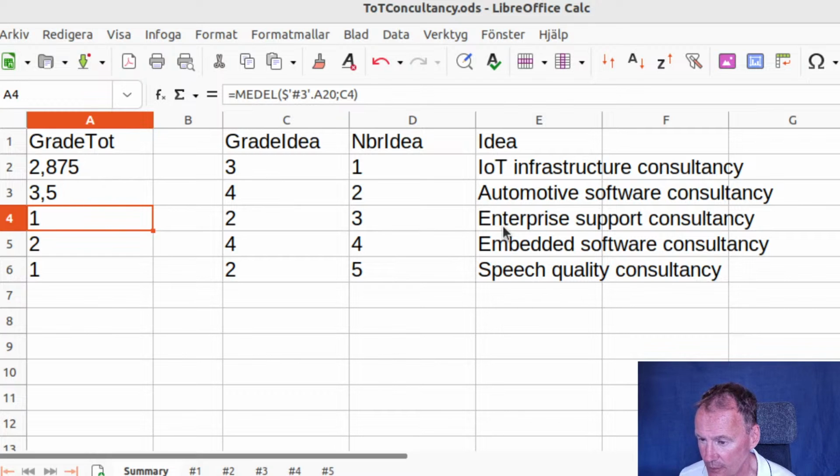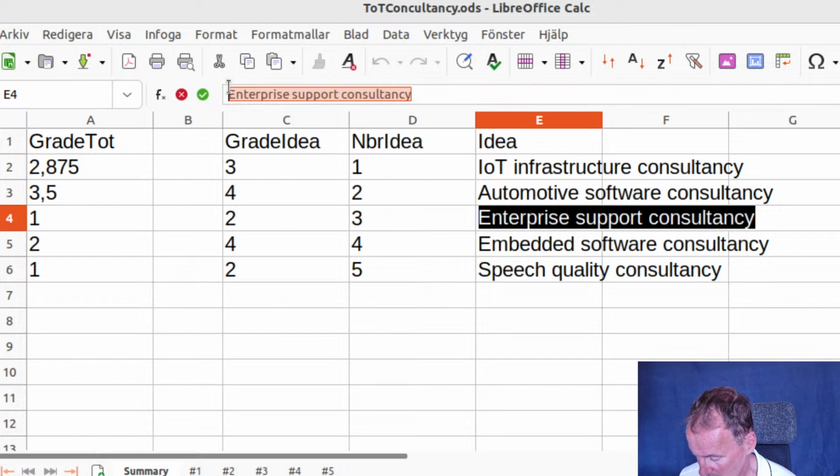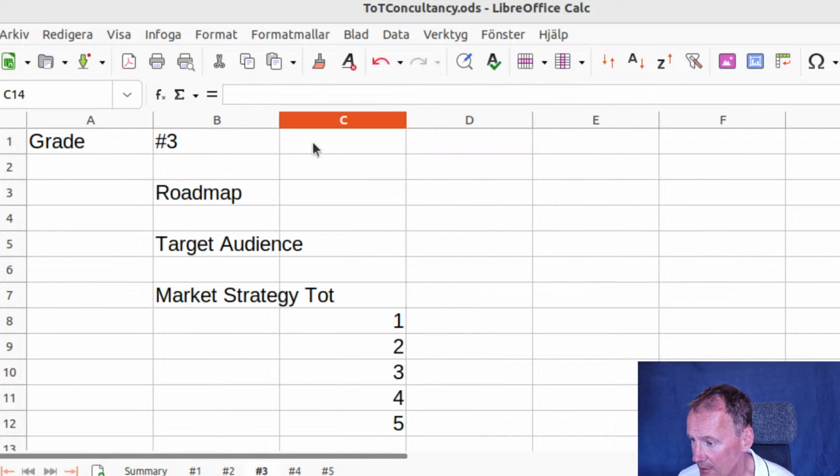Enterprise support consultancy. Let's check that one out. That is the third idea.